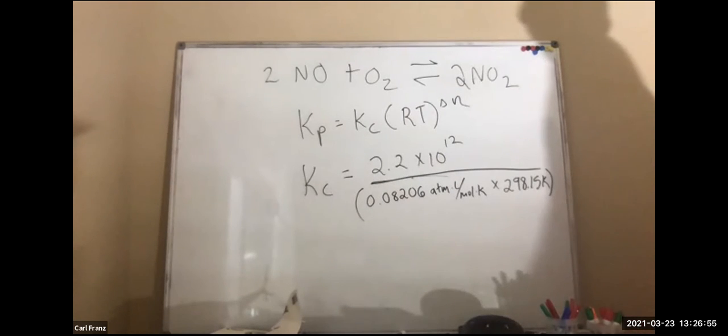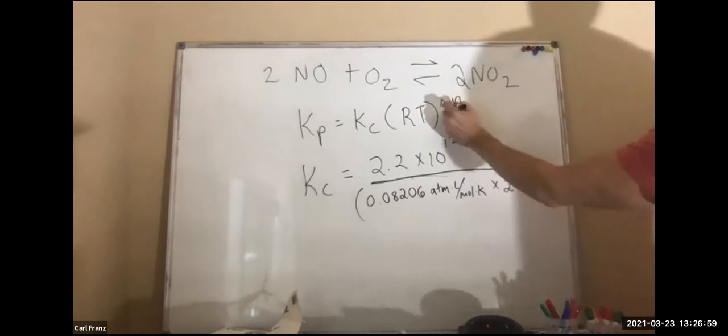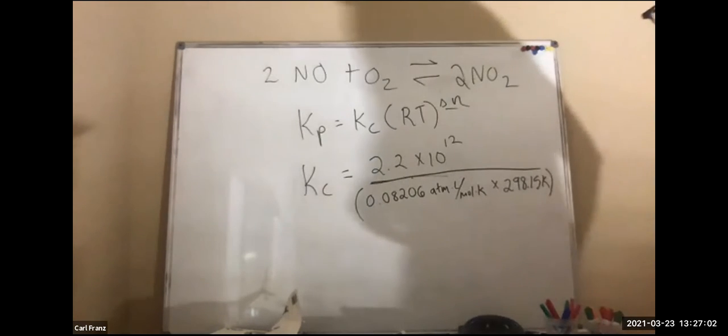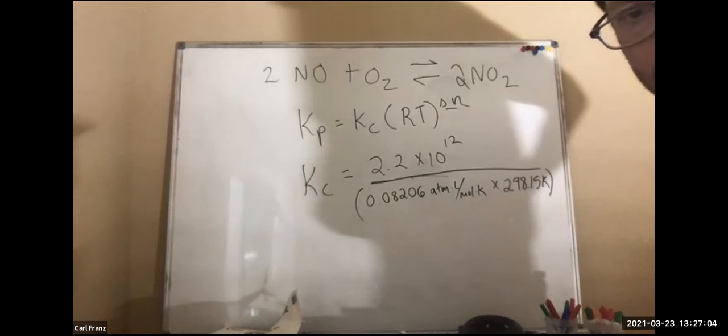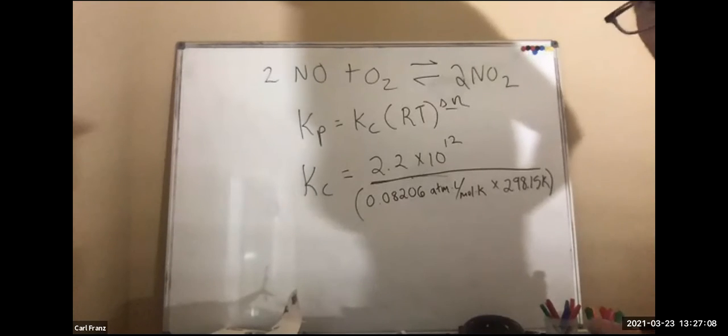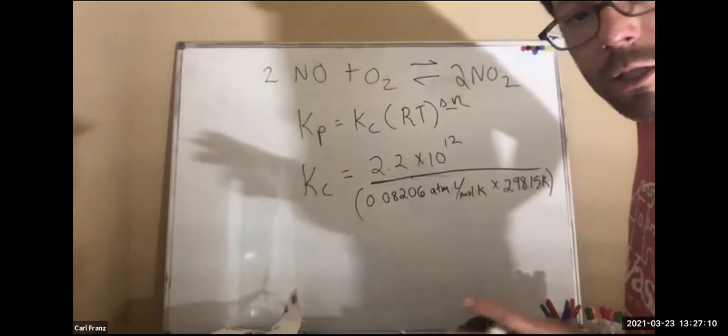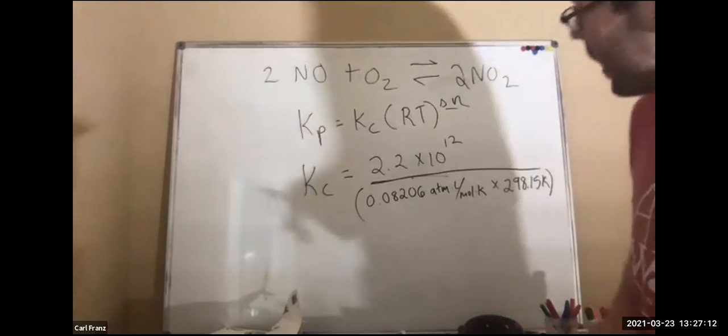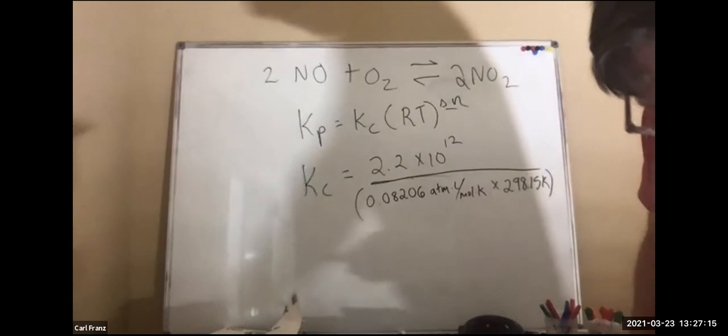And what's the power? What's the delta N? The change in the number of moles? Yeah, exactly. Products minus reactants. So, anybody know what that number would be? -1.